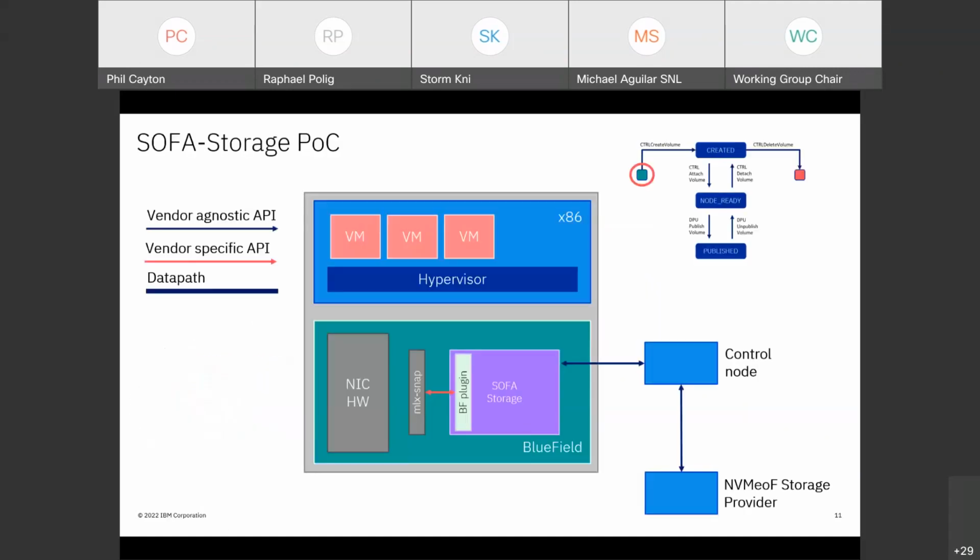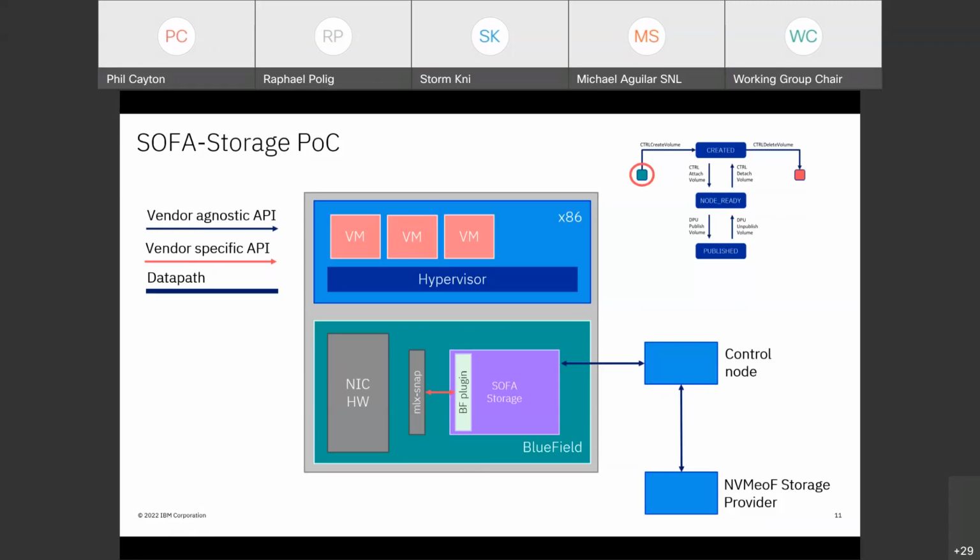We did our proof of concept implementation with an NVIDIA BlueField 1 and 2 SmartNIC. So now we see the SOFA storage part can run as a standalone component of SOFA, so that we can use only that part if we want to. It has been implemented using Python and makes use of a plugin type.